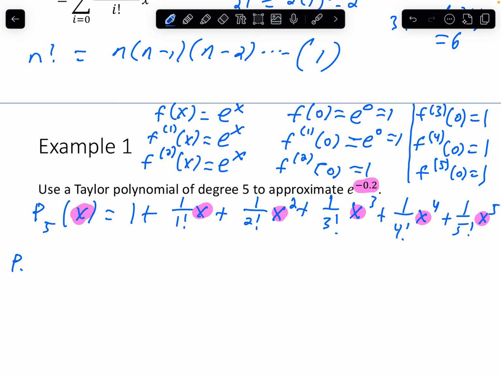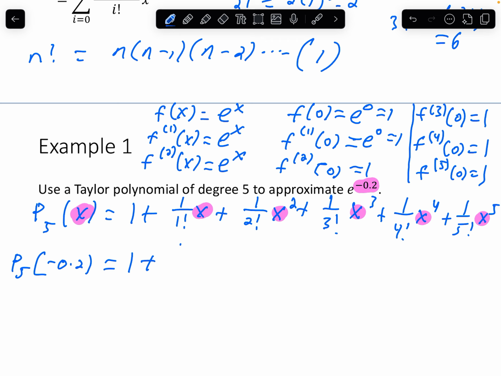So p sub 5 of negative 0.2 makes 1 plus, this is going to be 1 factorial. This gives us a value of 1.